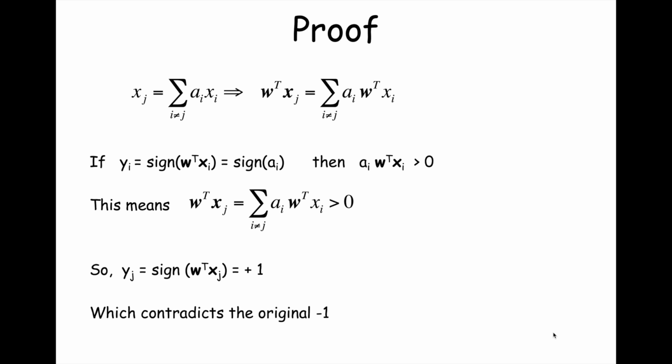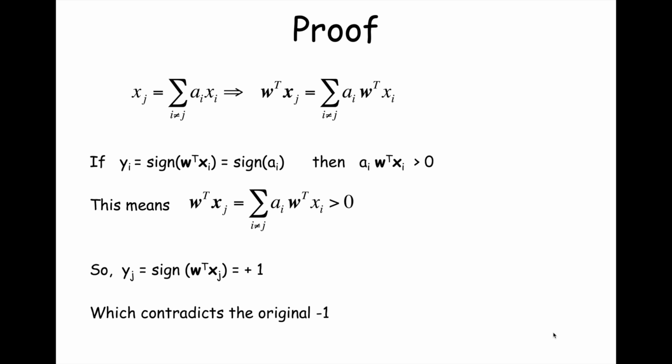So let's do this. If we compute w transpose xj, well, what is xj? xj is just this linear combination. w transpose is a vector of scalars, right? A vector of numbers. And so we can substitute this weighted sum for xj. What does that give us? If we multiply a scalar times the variables, it doesn't matter if the scalar is outside of the sum or inside of the sum, right?